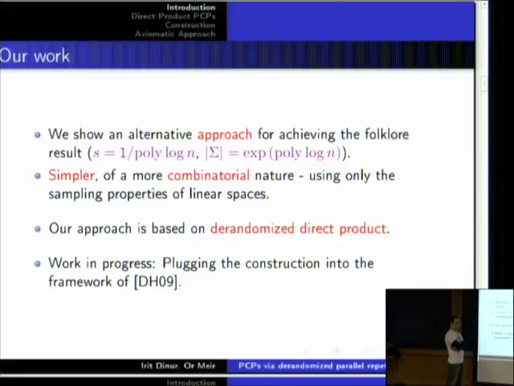If you achieve exactly the same as the folklore result in a combinatorial way. Okay, so the folklore result only says that we have PCPs. We have PCPs, but we still need to show that we can construct so-called decoding PCPs. Okay. Any more questions? Okay, good.